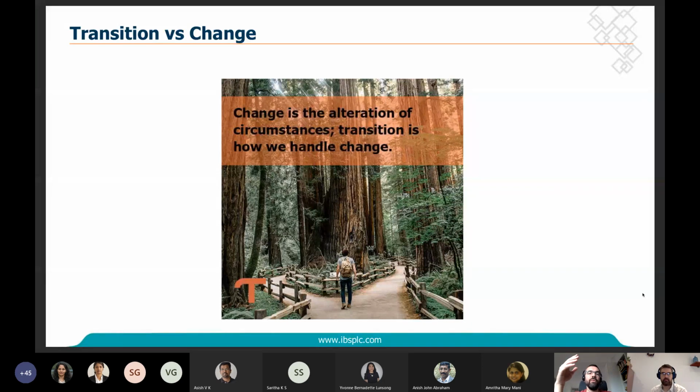And here we would like to differentiate a couple of things. So one, the change itself might be referring to the actual actions, the alteration of circumstances, so the actual things that are happening. So if you're changing the tool, the change is actually using the other tool, or if you're introducing a new behavior, it is the actual new behavior. That's the change.